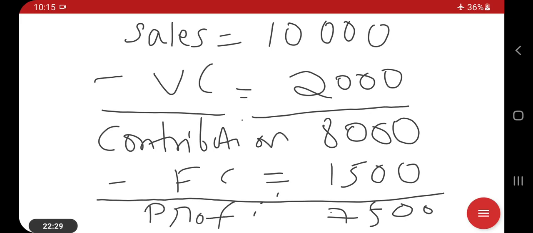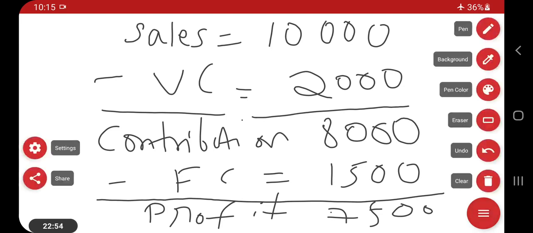So sales minus variable cost is equal to contribution, and contribution minus fixed cost is equal to profit. So these are some formulas.